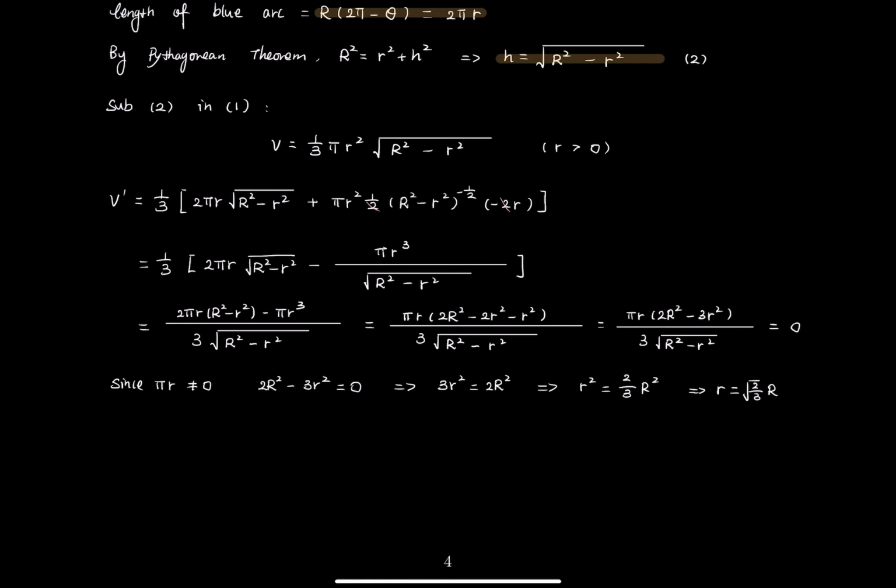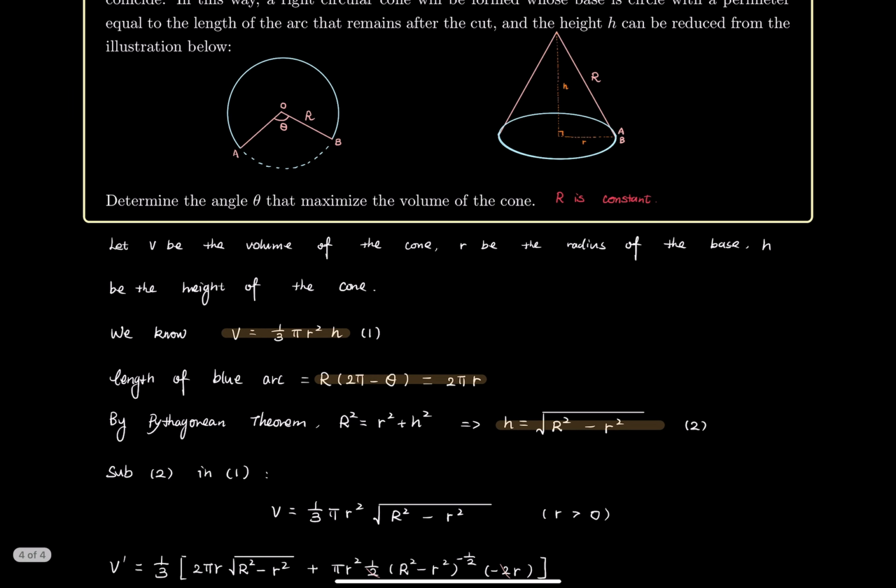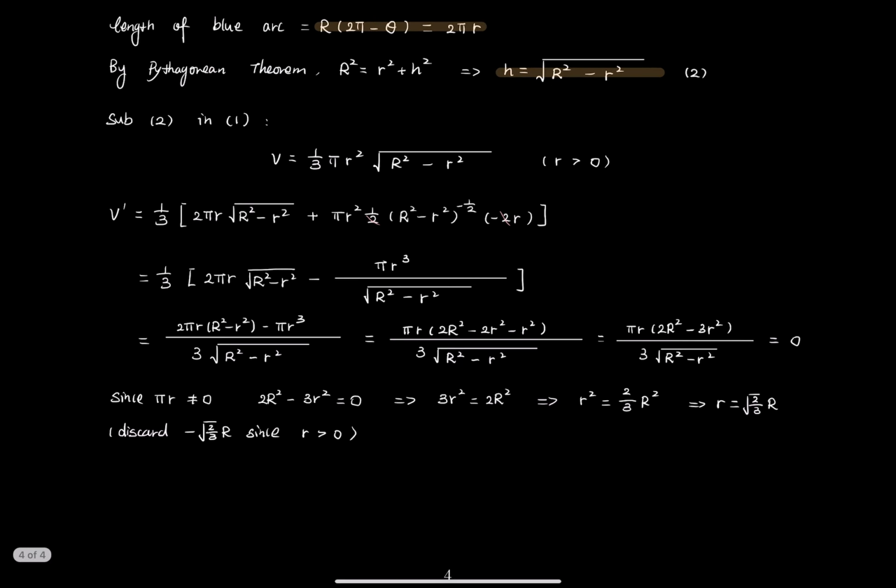Okay, so let me write it somewhere. Discard the negative of this since my r has to be positive. Alright, now we're almost done, but not really, because first you need to check if when r equals this, we actually have maximum v.